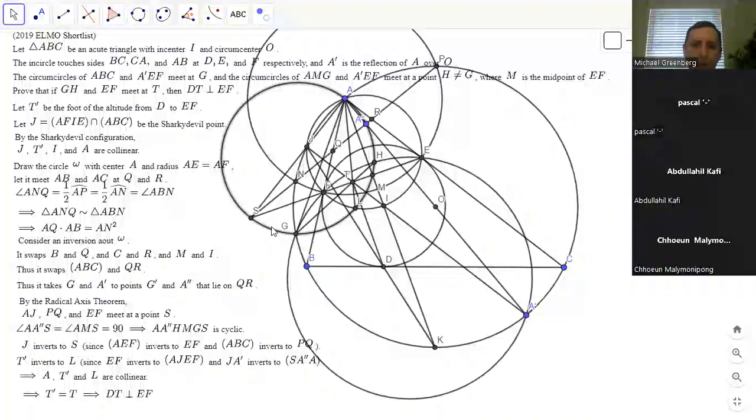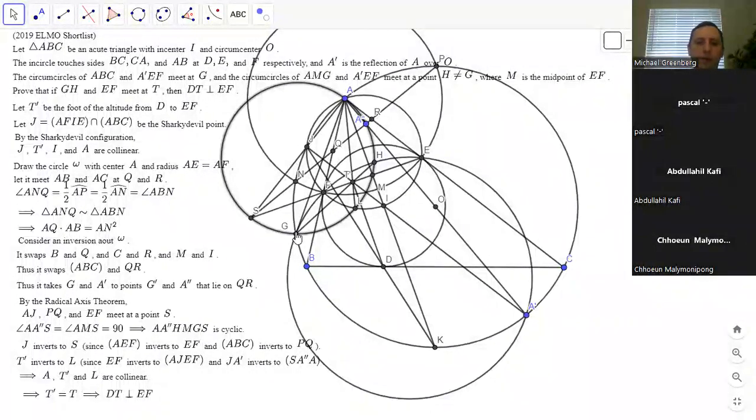So A double prime MS is cyclic. How do we know H lies on it? What is H? H is the intersection of AMG and A prime EF. So how do we know G lies on it? That's probably a better question, because G is where ABC meets A prime EF.